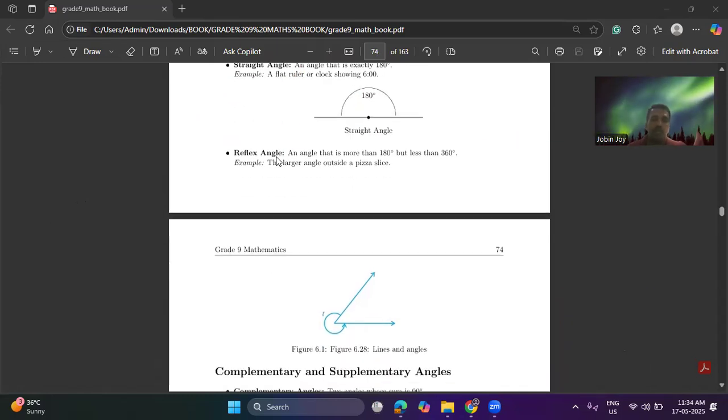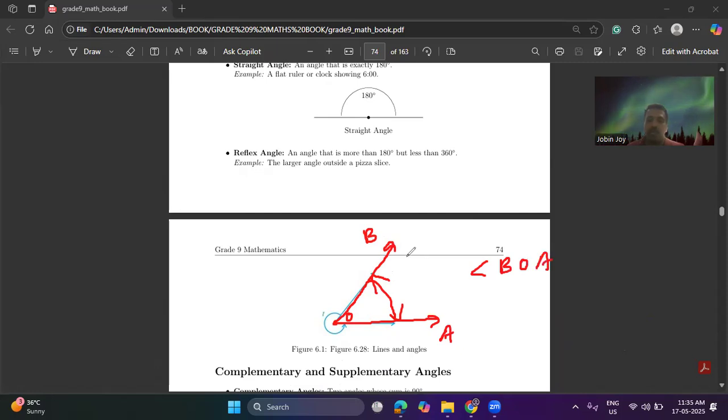Then next is the reflex angle. For example, this is our vertex O, this is arm OA, and this is our arm OB. What is the name of this angle? Angle BOA, or angle AOB, right?